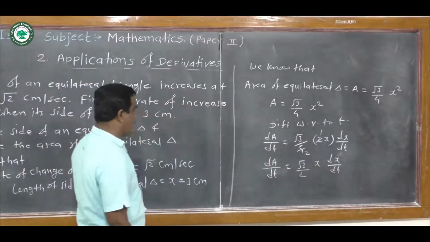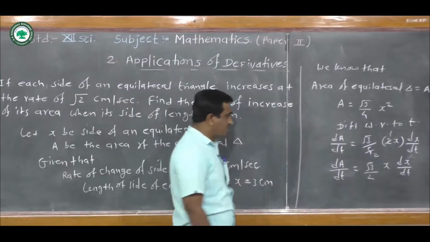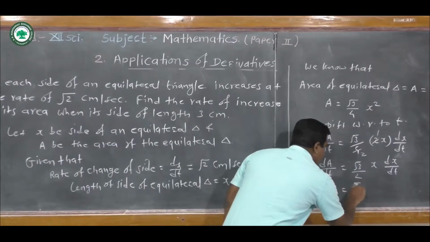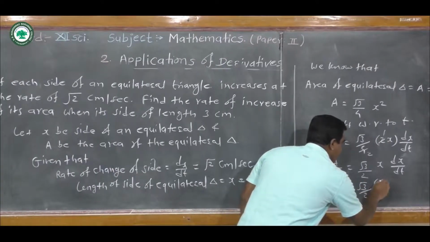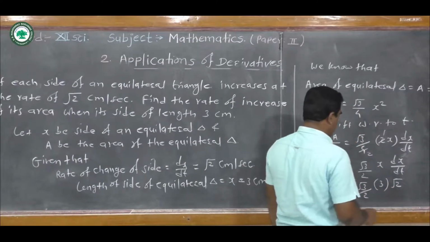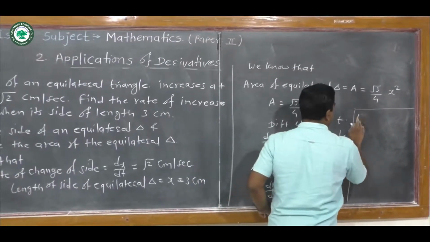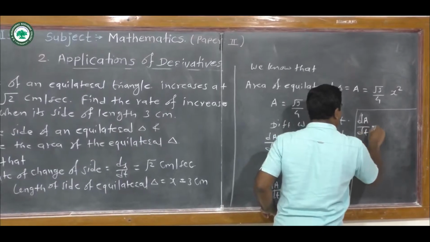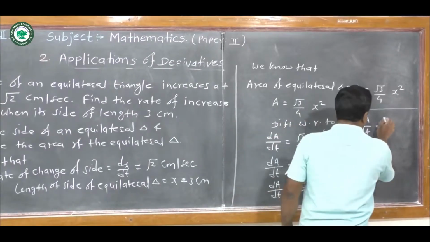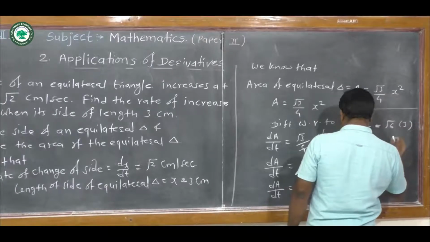Now put the values of x and dx by dt. dx by dt is equal to under root 2 and x is equal to 3. Therefore you can write here dA by dt is equal to under root 3 upon 2 into x, meaning 3, and dx by dt, meaning root 2. That is, finally dA by dt is equal to under root 3 into under root 2, under root 6, into 3 upon 2.